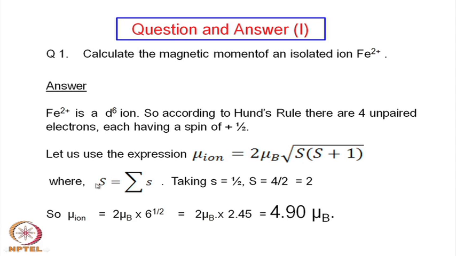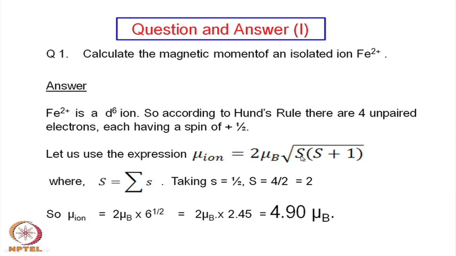The capital S is the summation of all the small s's. How many small s's are there? 4. So, taking small s as half, the capital S here becomes 4 into half, equal to 2.